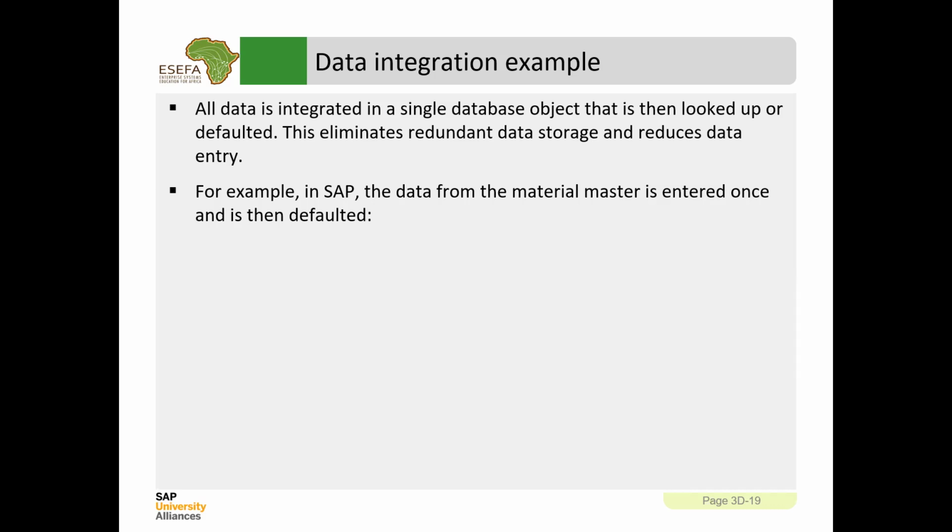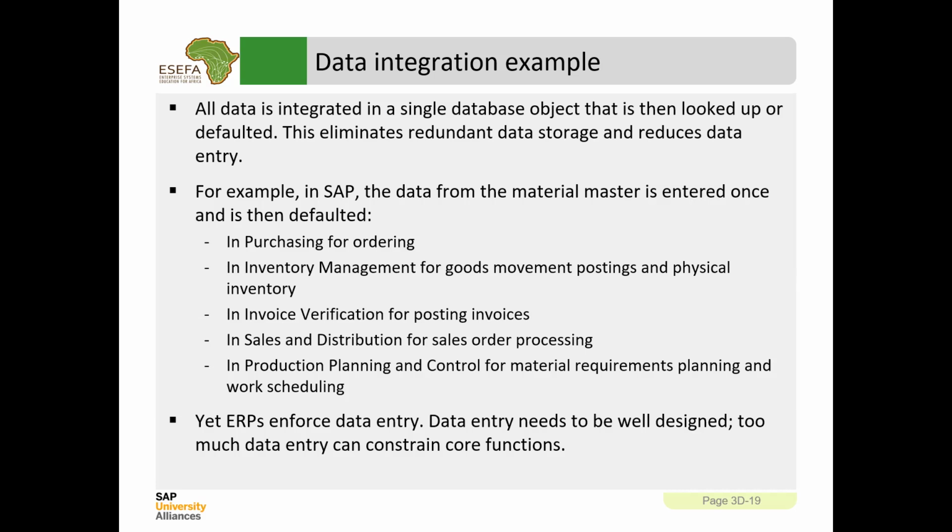For example, in SAP, the data from material master is entered once and then defaulted in purchasing for ordering, inventory for goods movement, invoice verification for posting invoices, sales and distribution for sales order processing, in production plan and control for materials requirements planning. Oh, I need bicycle XYZ. Production and planning is updated to buy the particular material.